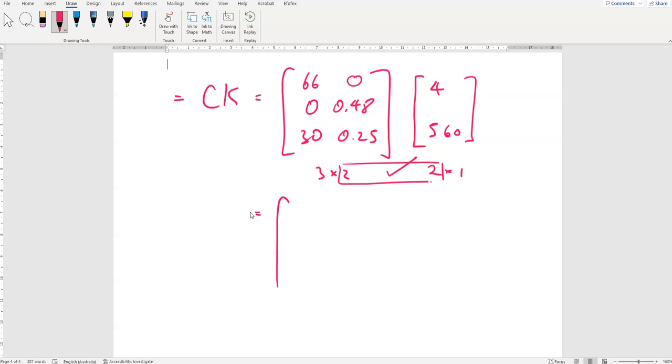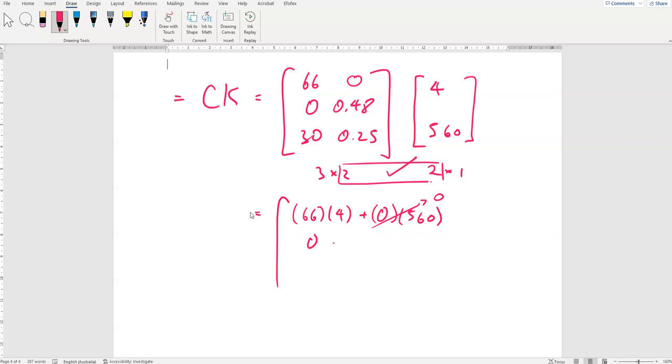So what do we get? We get the row and column. So we've got 66 times 4, plus 0 times 560. 0, alright? I'm only going to write this one once, because that goes to 0. And the next one I won't bother writing, so I'll just put 0 here. So 0 times 4 is 0.